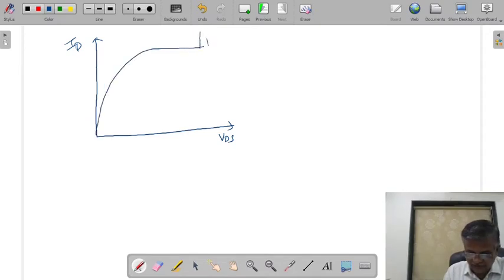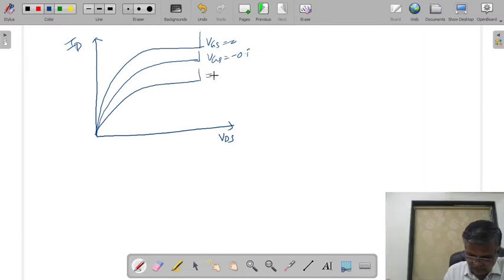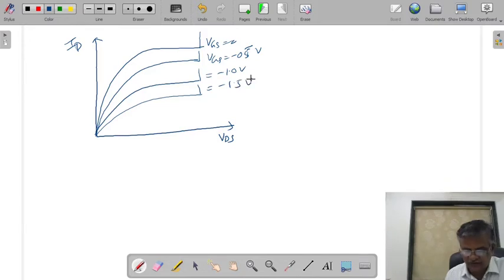This is VGS is 0, VGS is minus 0.5, minus 1 volt, this is minus 1.5 volt. Here we have written your VP, the pinch off voltage.